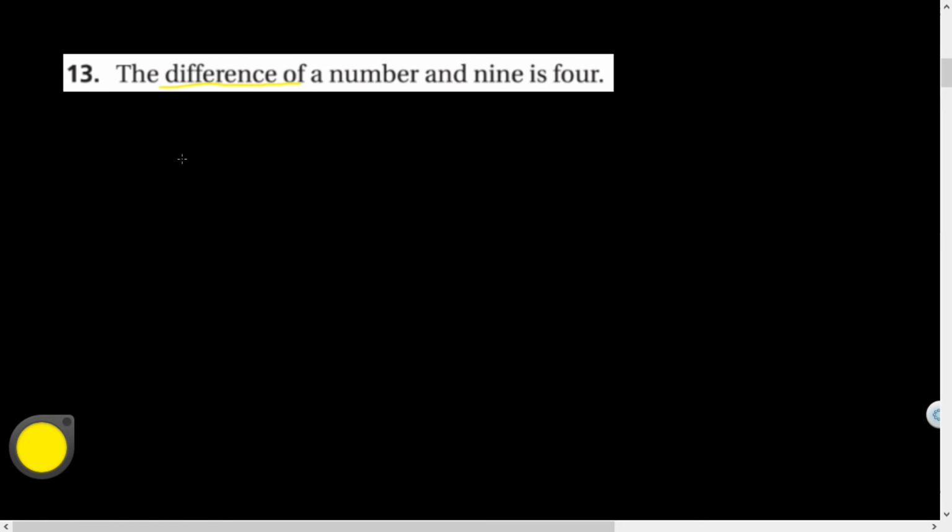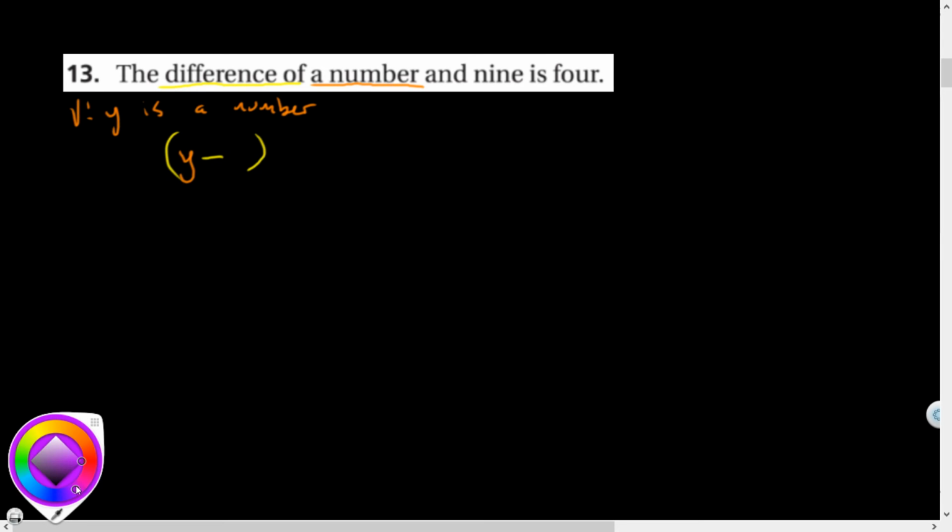Difference is subtraction with priority, so subtraction within parentheses of a number. Let's just do the number y this time. I should also define my variable: y is a number. And 9. So y minus 9. And then they said is.